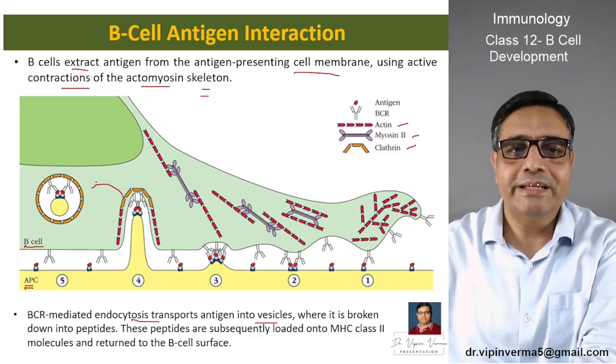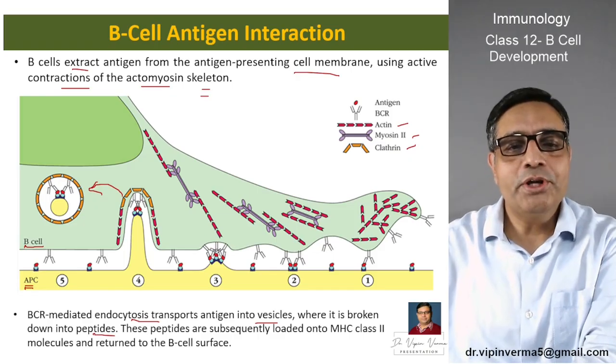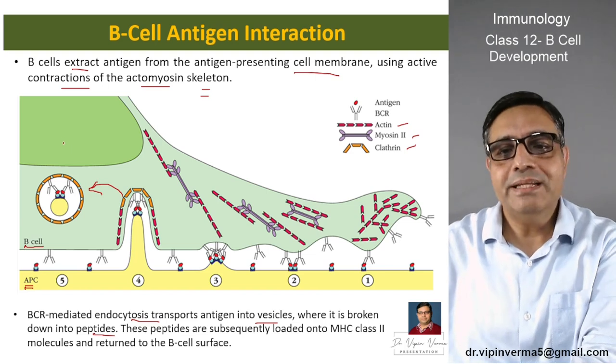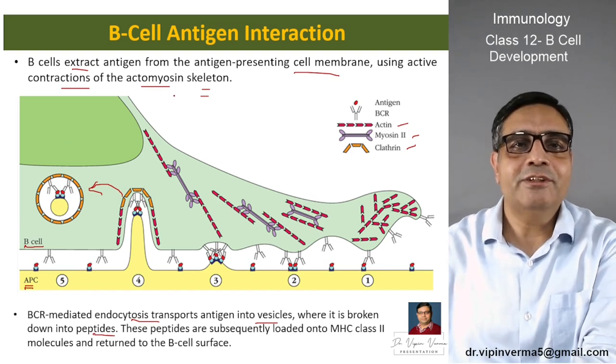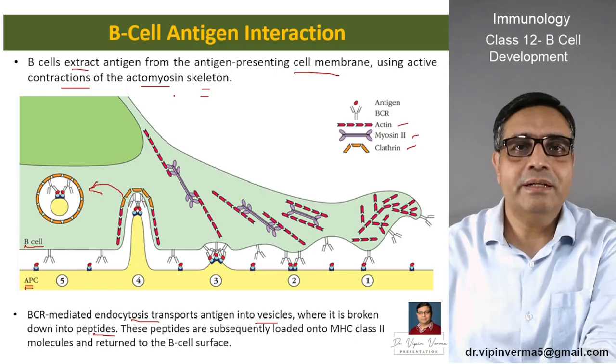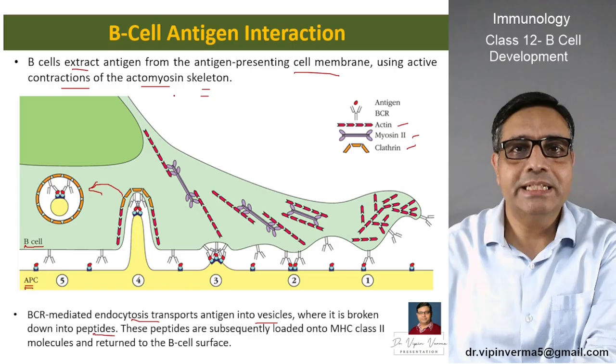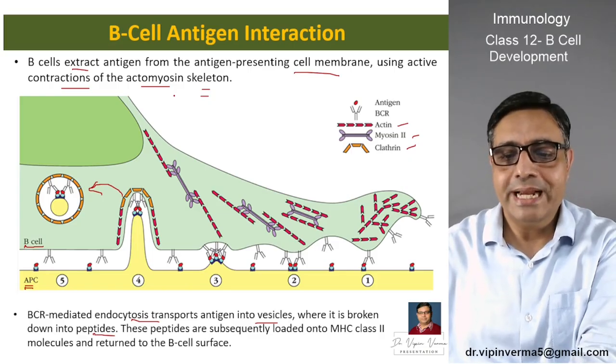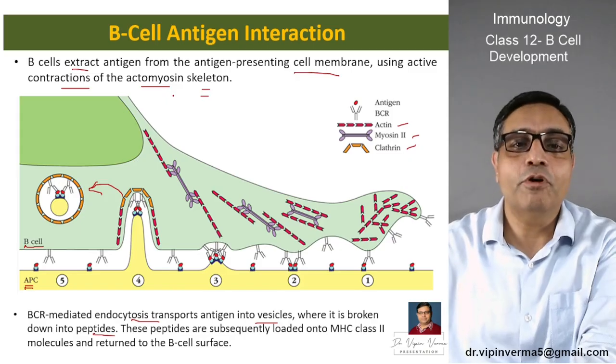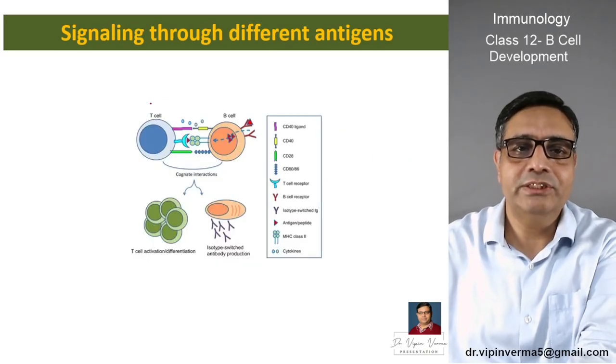So here you can see they have formed a vesicle where it is broken down into peptides, and these peptides are subsequently loaded onto MHC class 2 molecules, and then they are returned to the B cell surface. These MHC class 2 molecules, having the antigen, interact with the T helper cells, and then T helper cells will provide another set of cytokine signals for their further survival and differentiation.